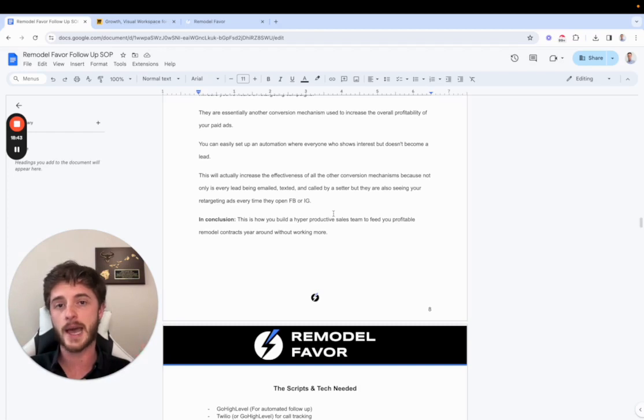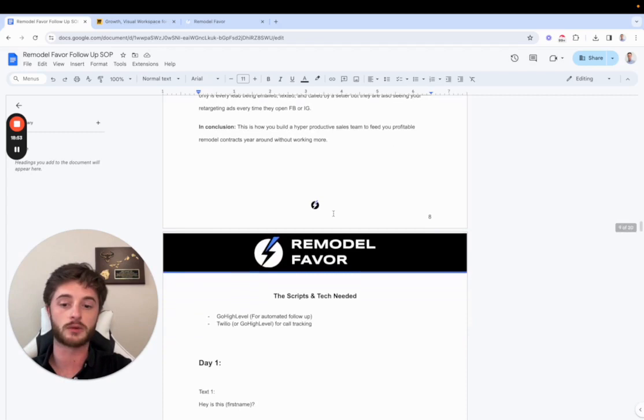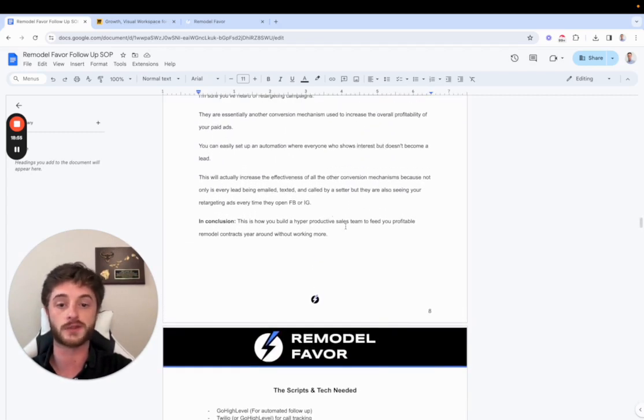And they're just getting that many more touch points where, if it takes them 8 touch points to book an appointment, well, within 10 days, we've already achieved that. And so this is, in conclusion, really how you build hyper productive sales teams to feed you remodel contracts all year round without working more, doing any more manual input into your business.